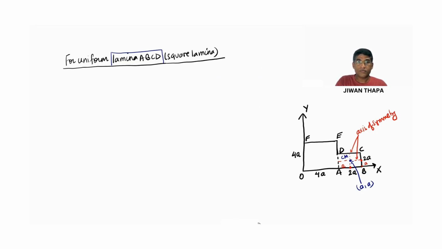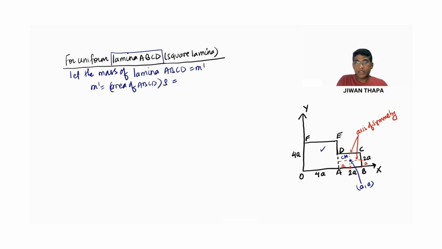Now I am writing the mass of lamina ABCD equals m dash. We have used M for the other lamina. Now m dash equals area of ABCD times rho.